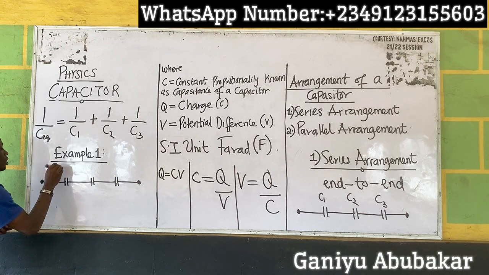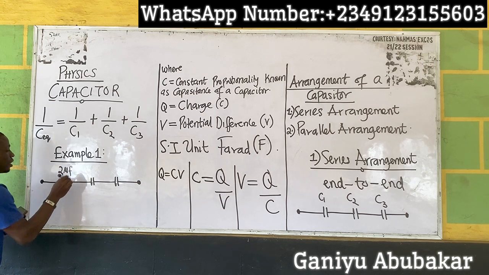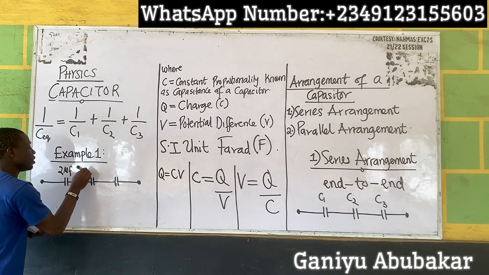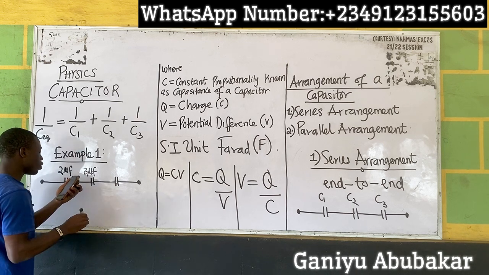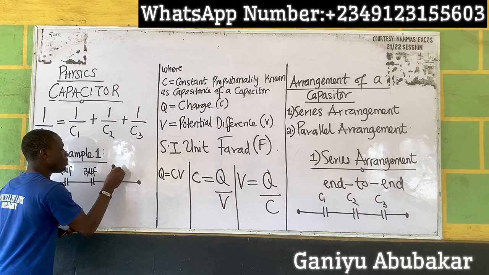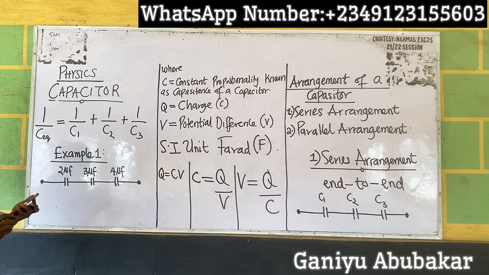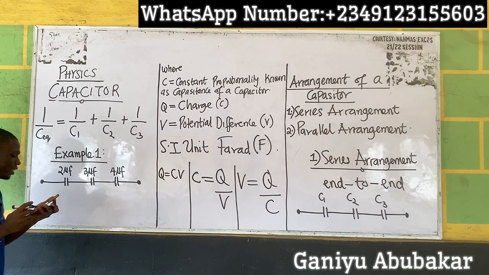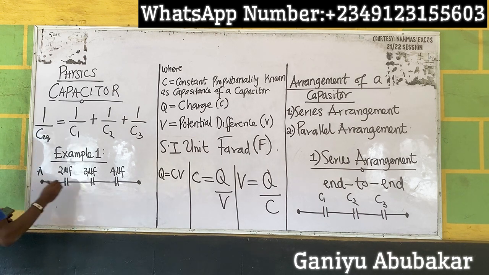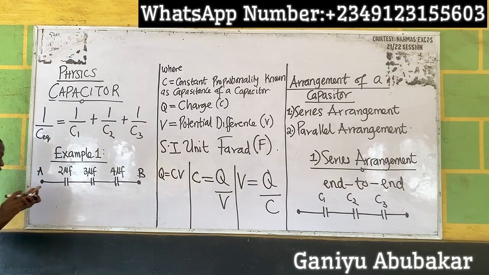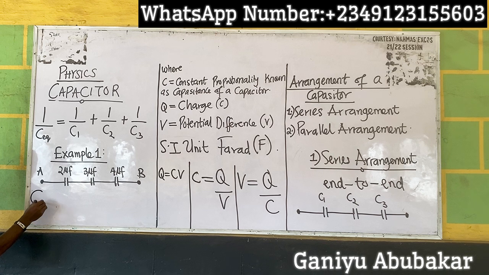The first value is given as 2 microfarad, next 3 microfarad, next 4 microfarad, arranged in series from point A to point B. It says draw a circuit diagram, which I've drawn here, and find their equivalent capacitance. So the equivalent capacitance is unknown.